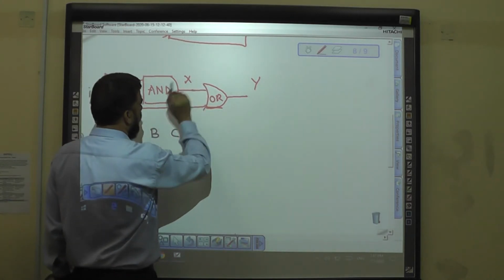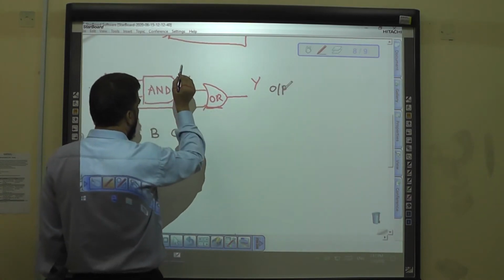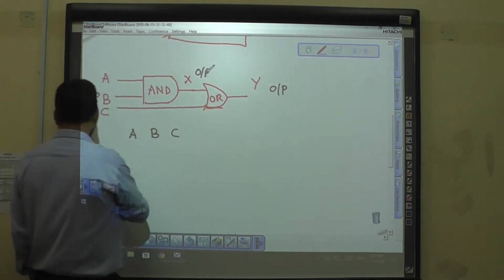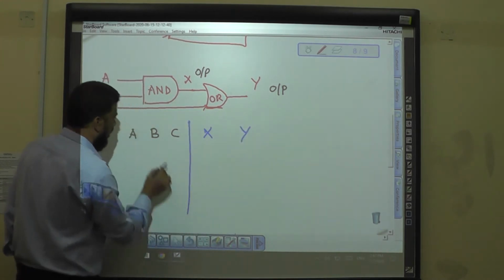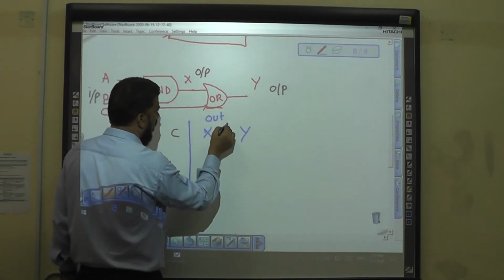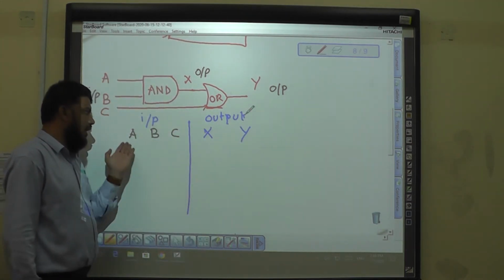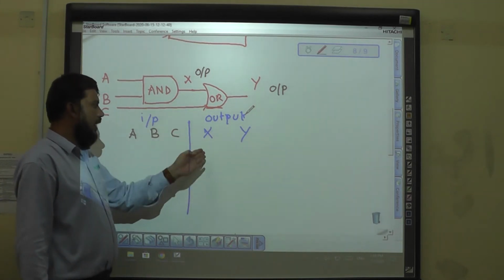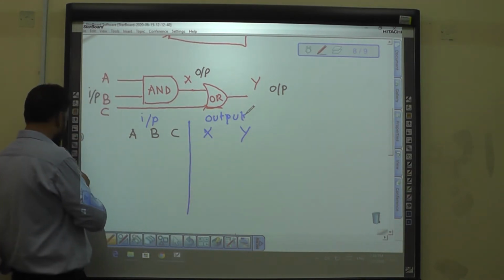And we have the output Y as the output of the OR gate as well as the output of the AND gate as X. So we have two outputs X and Y. These are inputs and X and Y are outputs. Whatever the combination of A, B, C, it will produce the output X as well as Y. We will see all the outputs one by one.